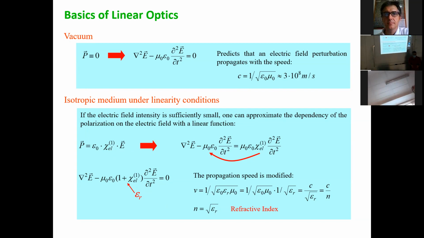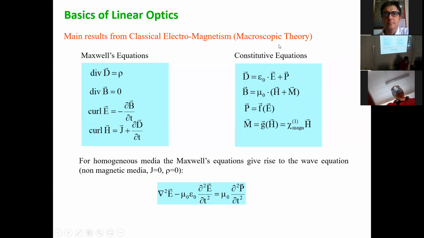You say P is epsilon naught times the electric susceptibility times the electric field. So as a matter of fact, the relation between the polarization and the field is very complicated, but in a first order approximation, I take the first Taylor term and I say P is proportional to E. Of course, it is an approximation.